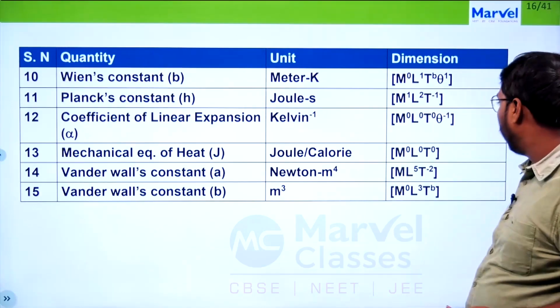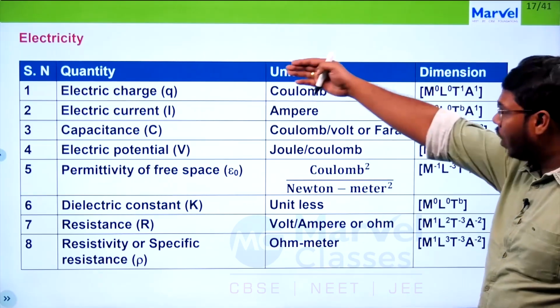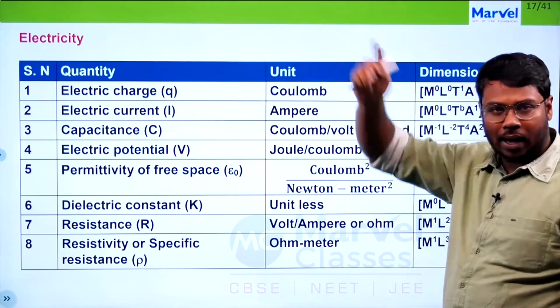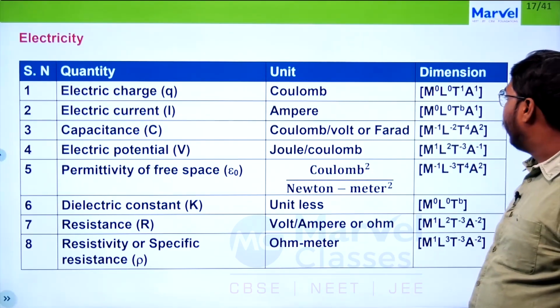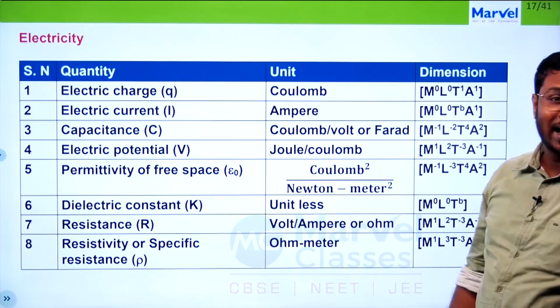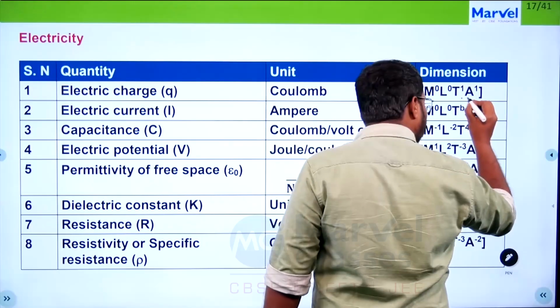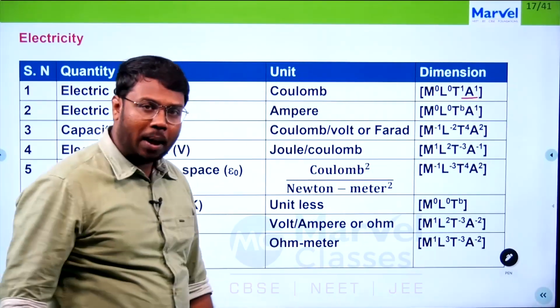Likewise, when you go for electricity, you will come across this in your class 12. Over there, when you come across current, you have to introduce another unit, A. A stands for ampere.